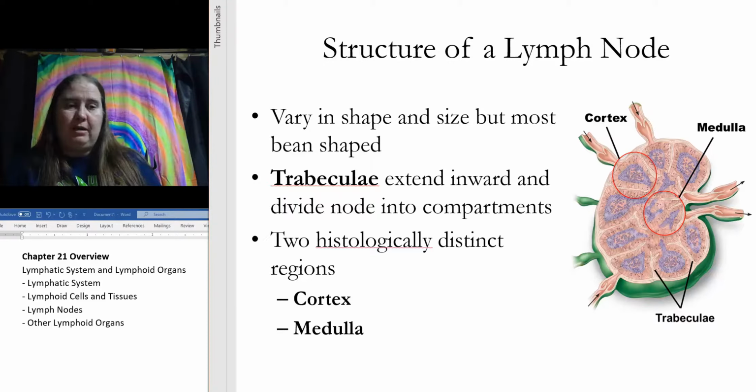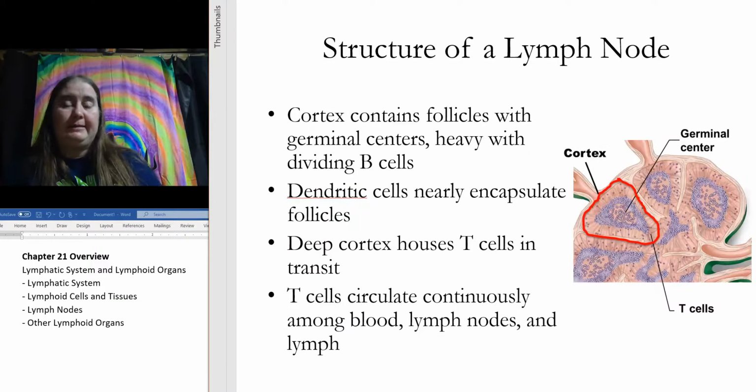These trabecula are connective tissue compartments that compartmentalize the different clusters within our lymph nodes. What we have is our cortex, which is this outer region out here, and then the medulla, which is this inner region there.